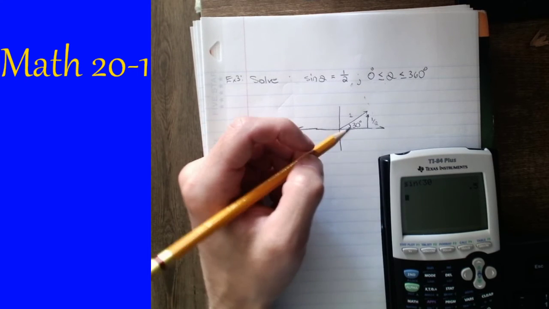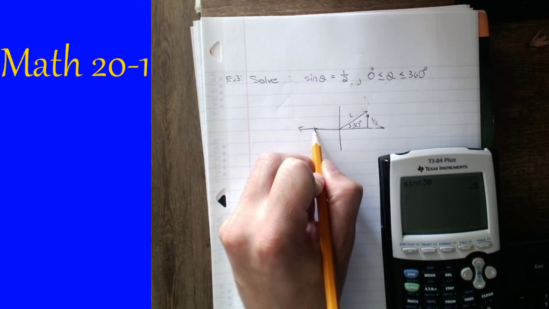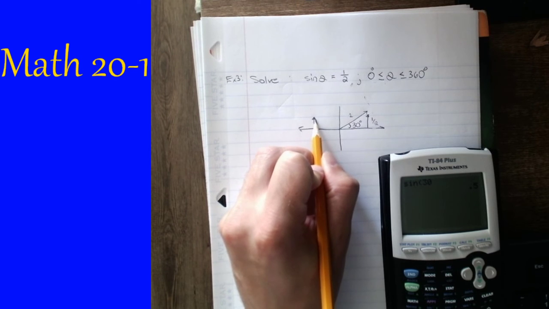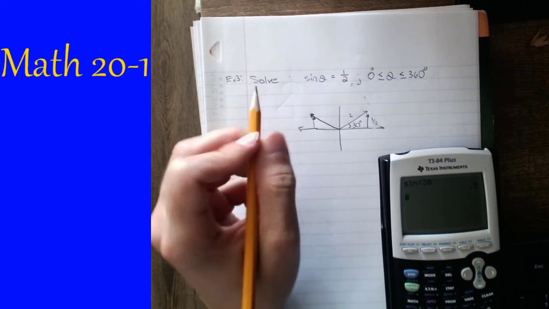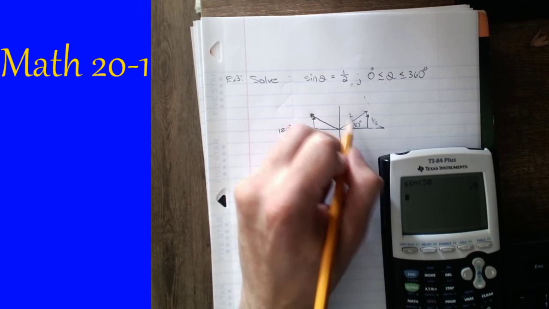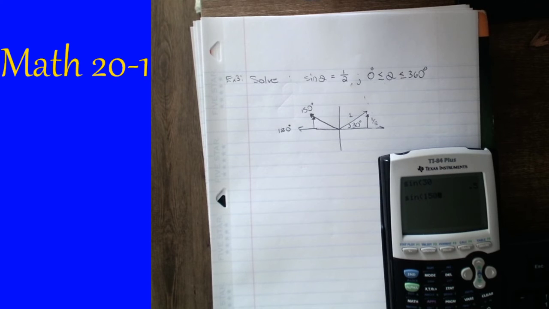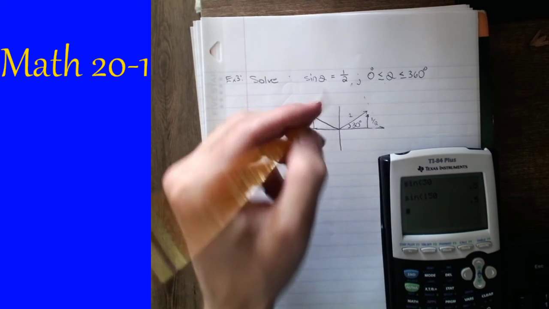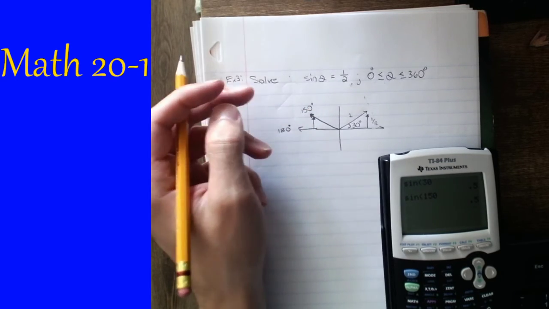Okay, so sine of 30 is 1/2, but that should also give us, well, what if I went up 1/2 over here? I have no condition on cosine, so this angle should also work. Now that would be 30 degrees up from 180, and so all the way around it would be 150 degrees. And so if I say sine of 150, I should also get 0.5. They're both positive 1/2, sine 30, sine 150.